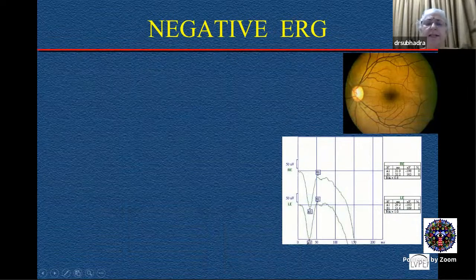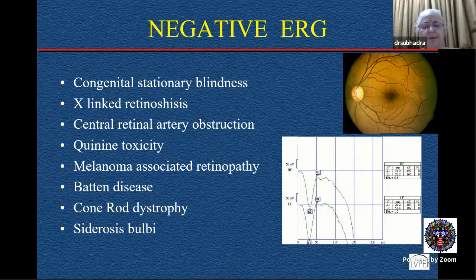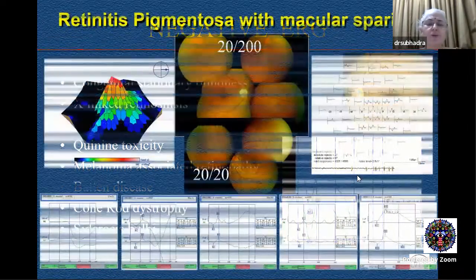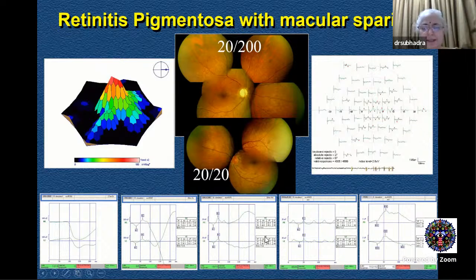So negative ERG, I already told that you will have an A wave and an absent B wave. So immediately you think it's an inner retinal disease, and then seeing the patient, you can find out why it is negative. Now here we have a patient who has retinitis pigmentosa. His flash ERG is abnormal, but his visual acuity is different in the two eyes. It is 20/200 in the right eye and 20/20 in the other eye. So if we thought that it is the RP which is causing the loss of vision, but you see the multifocal ERG is normal.